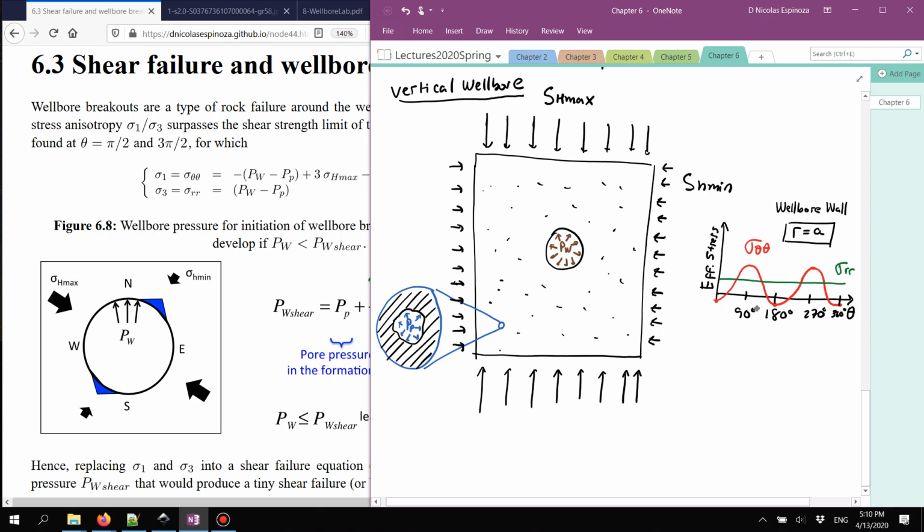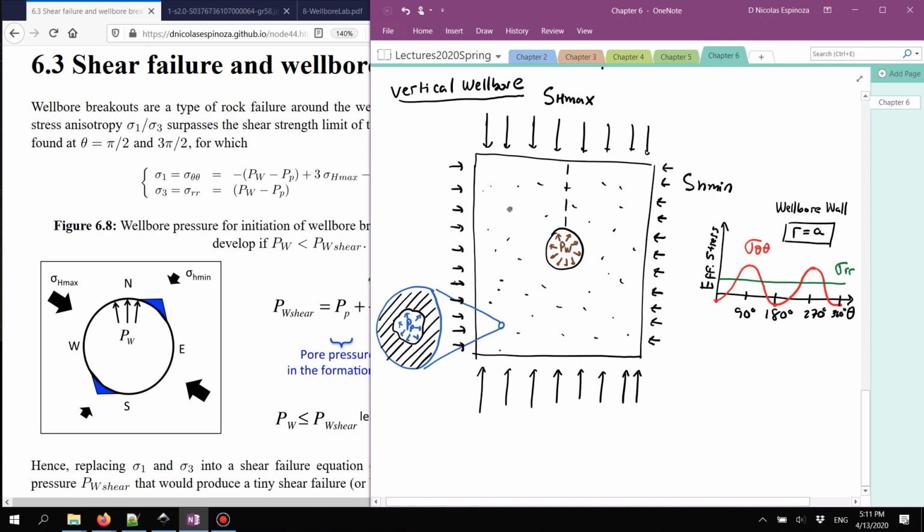In this figure, I have the angle theta that goes from the line of the maximum stress, which in this case is this line, to a particular point.